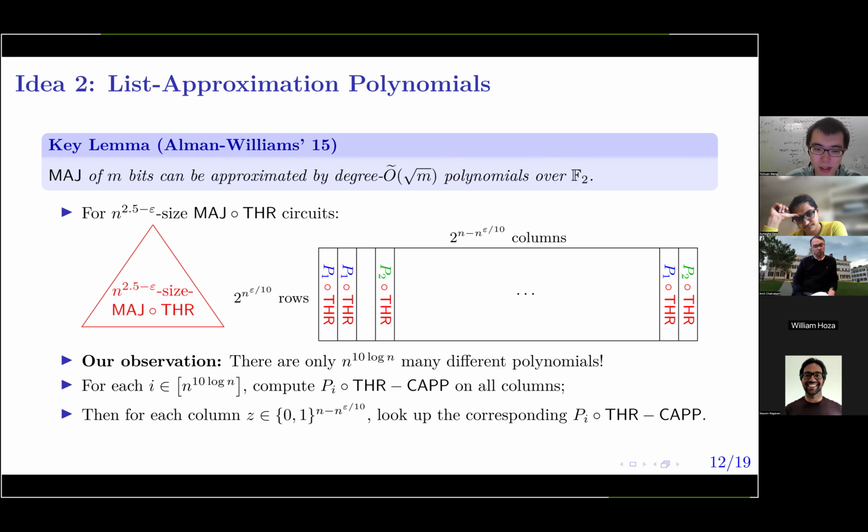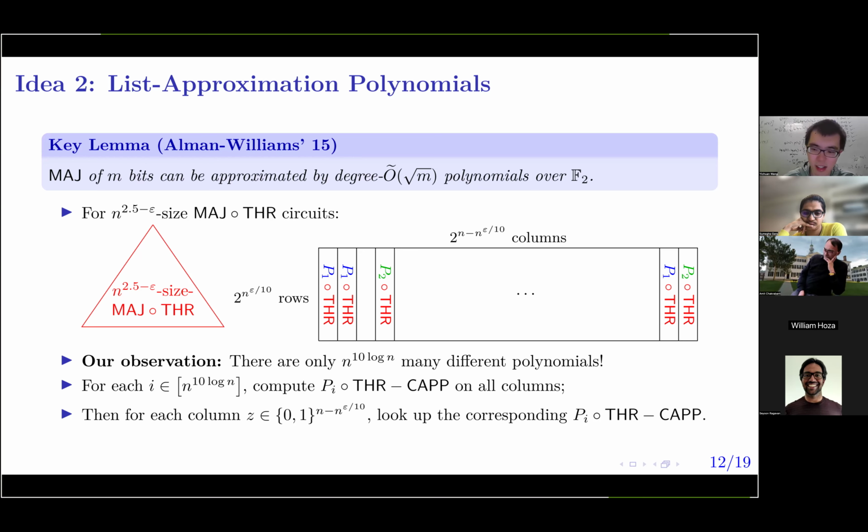And then what we can do is call the previous polynomial of threshold cap algorithm. What we do exactly is, first, for any different polynomial p_i, we invoke the previous polynomial of threshold cap algorithm on this p_i of threshold. Then we get a very large truth table, for each p_i and each column: what is the cap of p_i of threshold on this column?